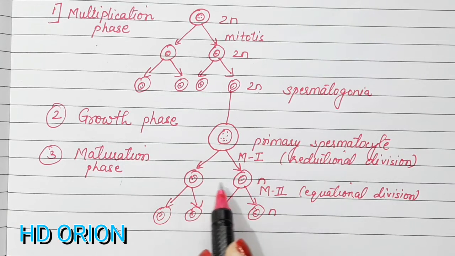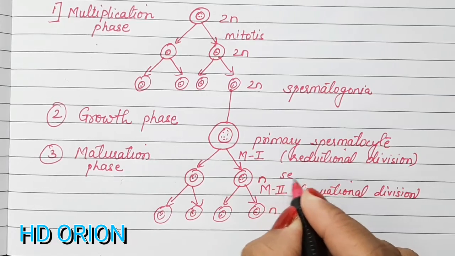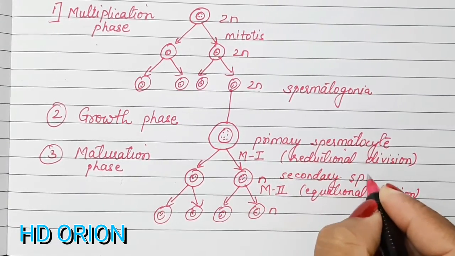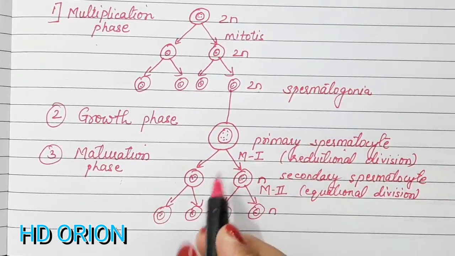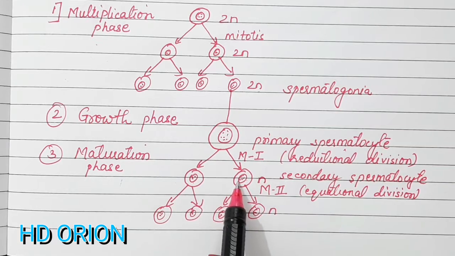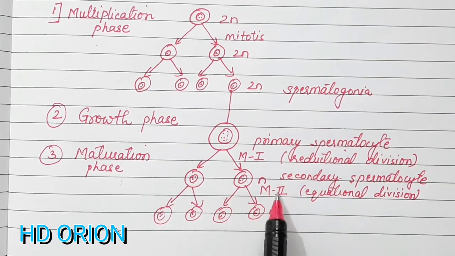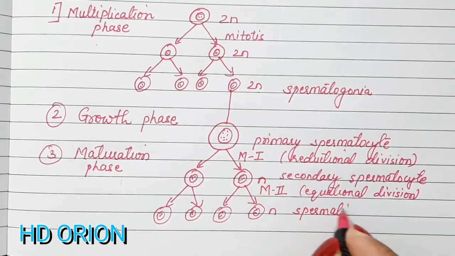The resultant of meiosis I is called secondary spermatocytes. So what is formed after meiosis I, the 2 daughter cells, are called secondary spermatocytes. But after meiosis II, the 4 daughter cells which are formed are called spermatids.